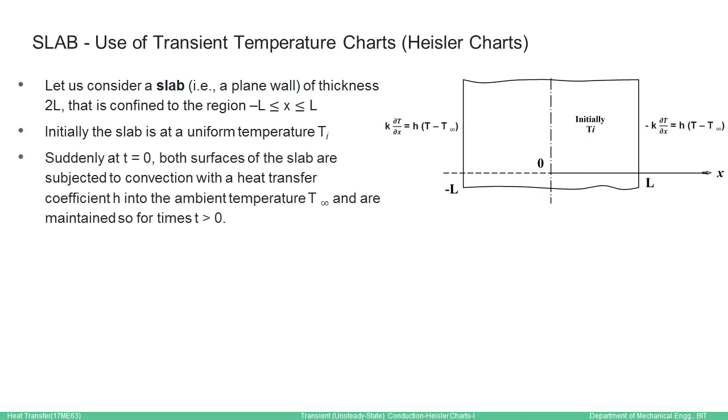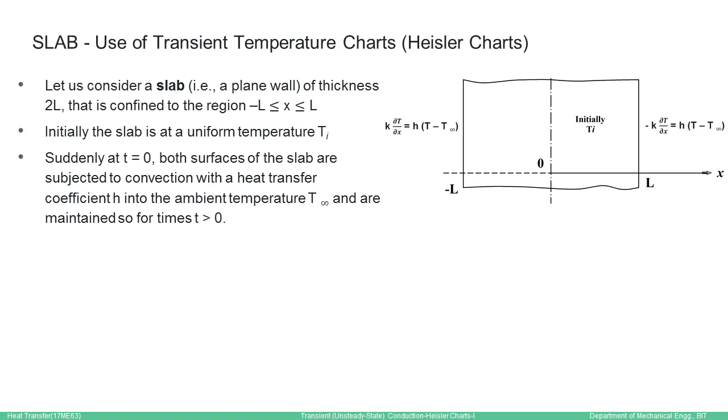Suddenly at time t equal to 0, both the surfaces of the slab are subjected to convection, with the heat transfer coefficient h and the fluid temperature T infinity, and it is maintained for all times t greater than 0.